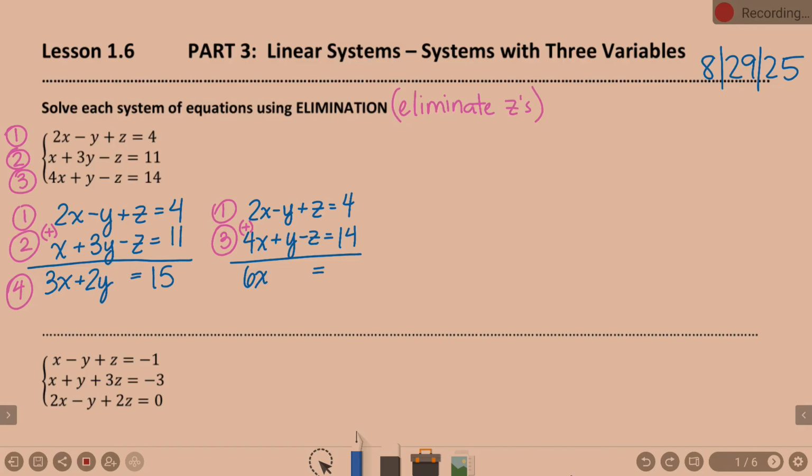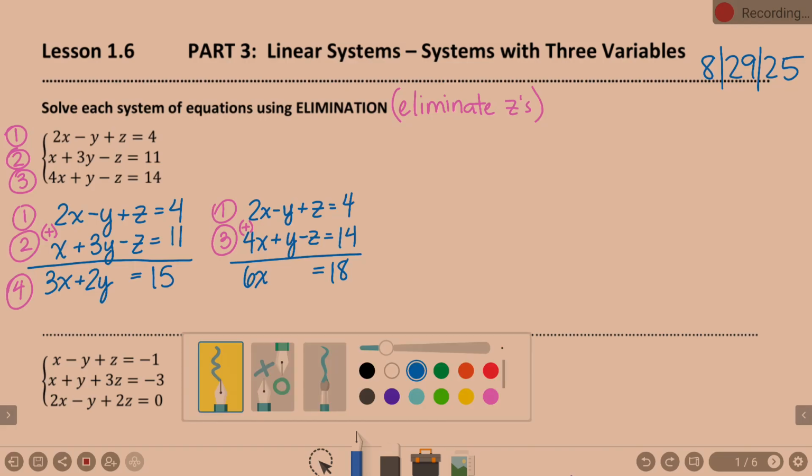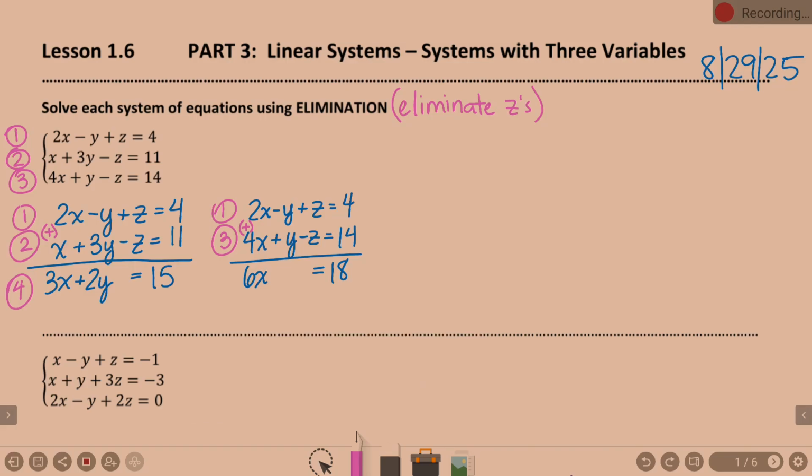4 plus 14, 18. Now, in a normal scenario, you would have an xy equation here, and this would be an xy equation, which means I would normally now name this equation 5. That's the last equation I number.